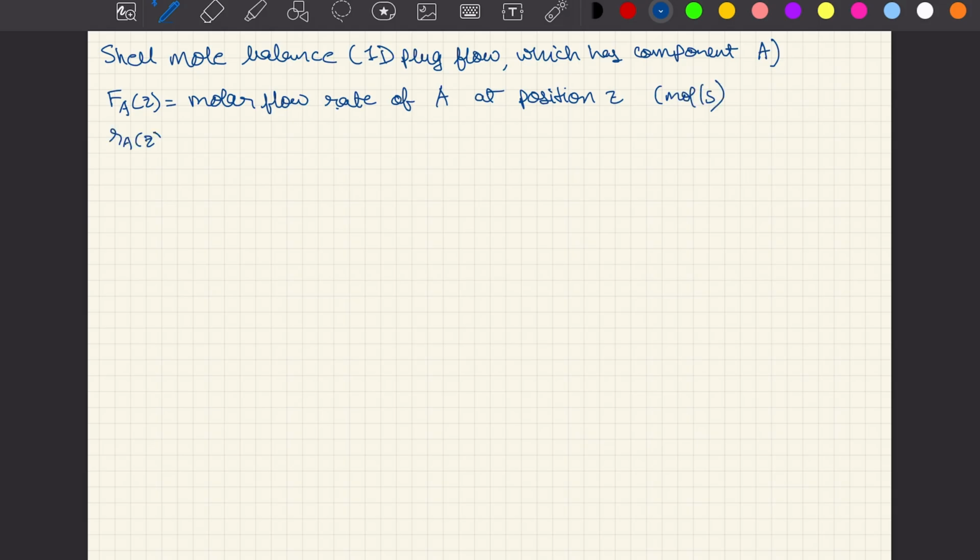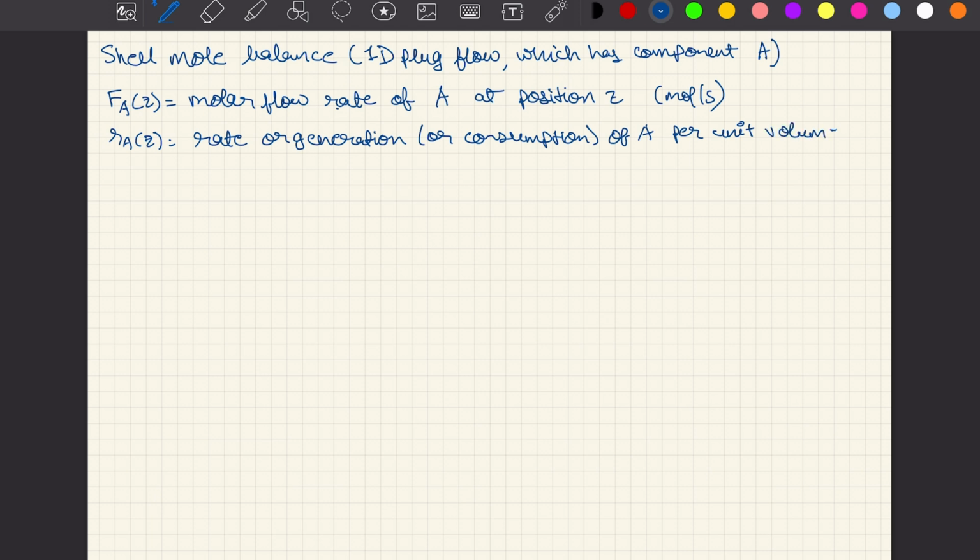RAZ will be the rate of generation or consumption of A per unit volume, and the unit will be mole per second meter cube. AC will represent the cross sectional area of the tube.